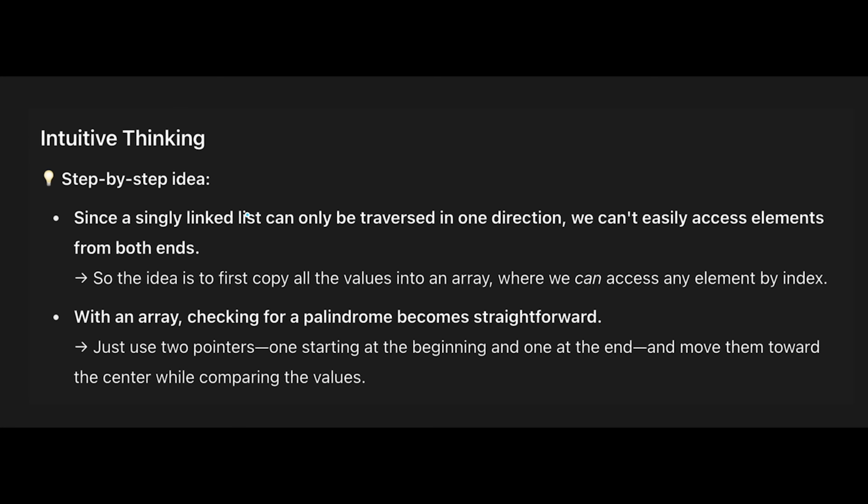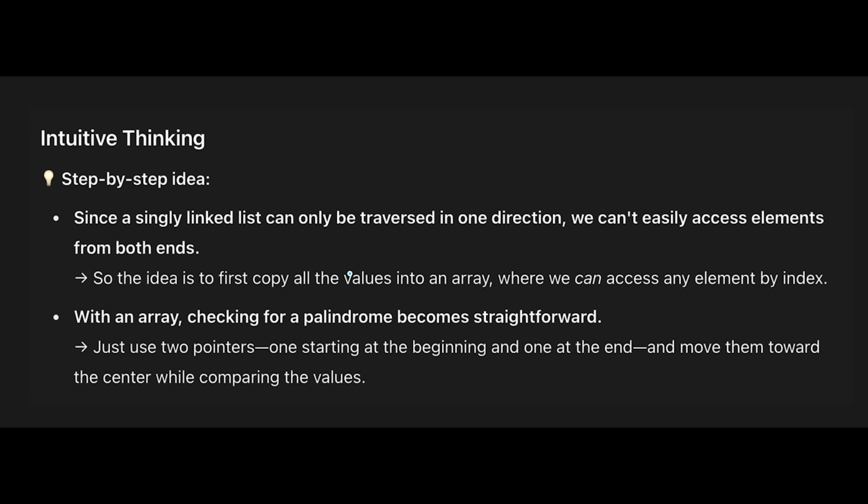Since a singly linked list can only be traversed in one direction, we can't easily access elements from both ends. So as I told you, if we compare from left and from right at the same time, we can easily find the palindrome, right? So that's why I thought I want to use two pointers.